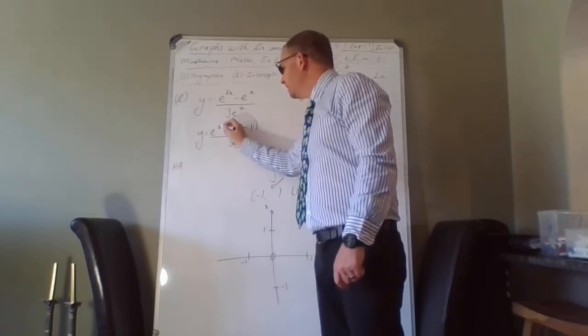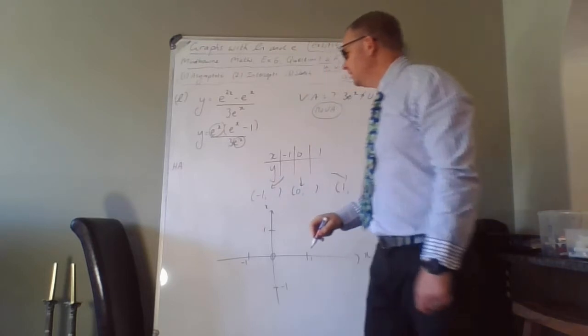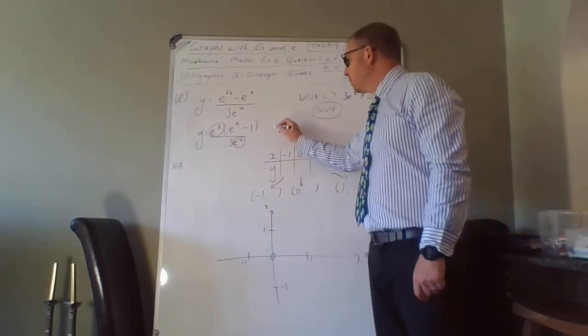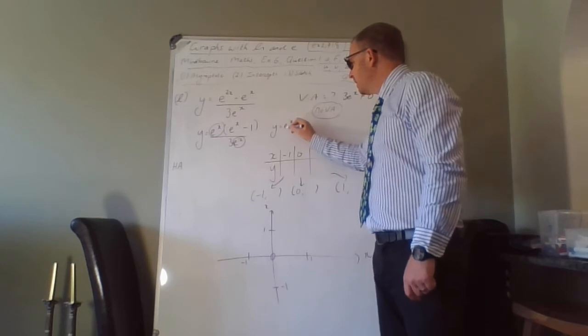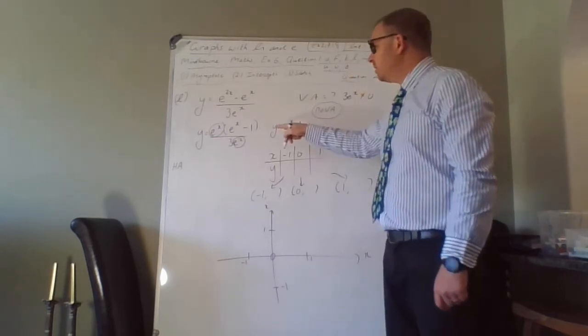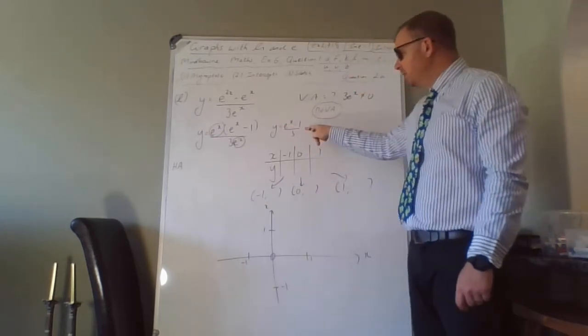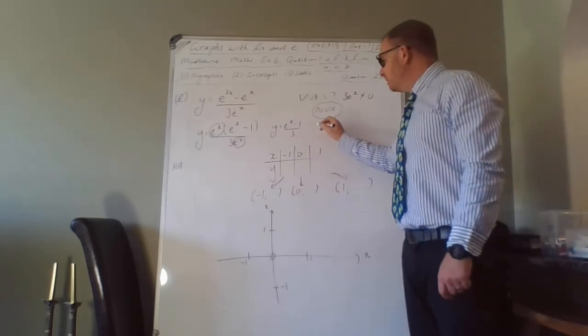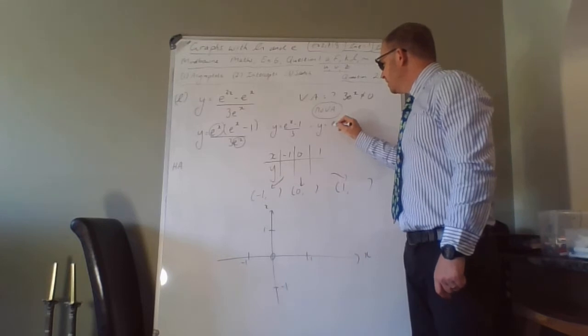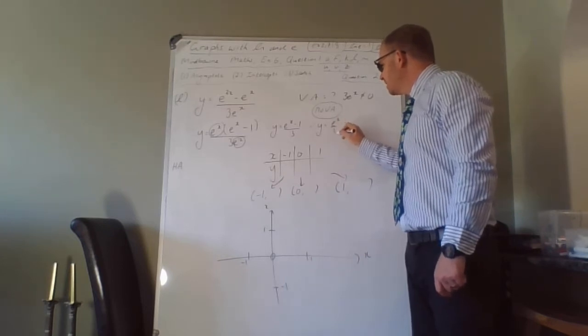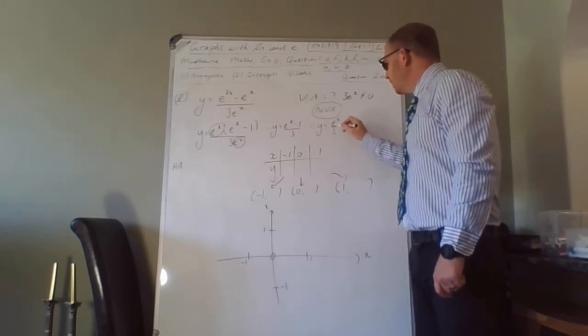Okay, then those two e to the x's are going to cancel, and you're going to just be left with y is equal to e to the x minus 1, over 3. You still can't read off the horizontal asymptote in that form because you need a constant at the end. So it's going to be simply y is equal to e to the x over 3, minus 1 over 3.